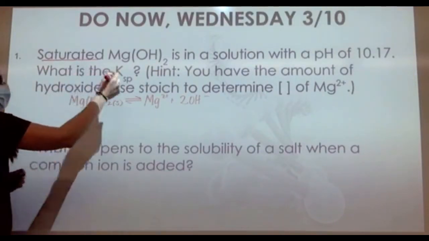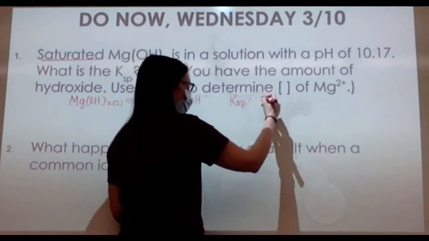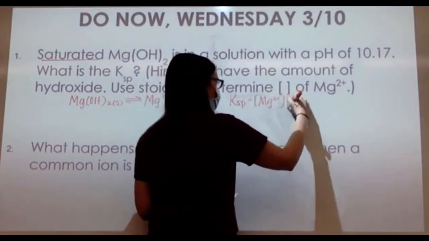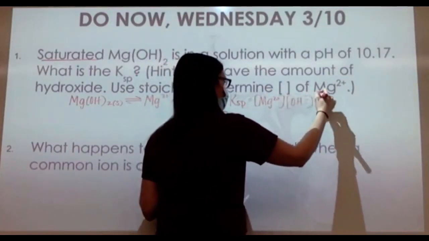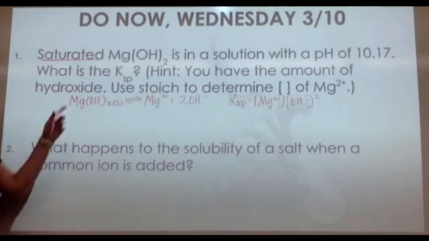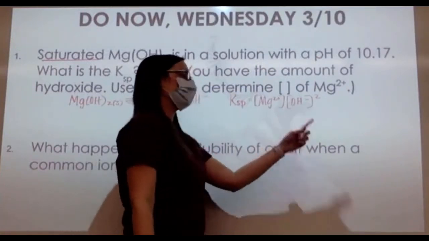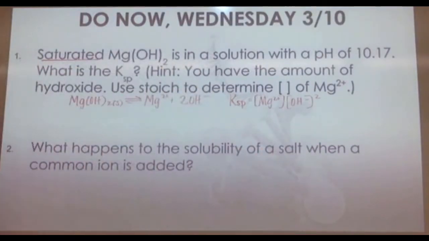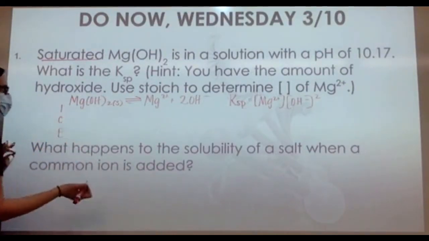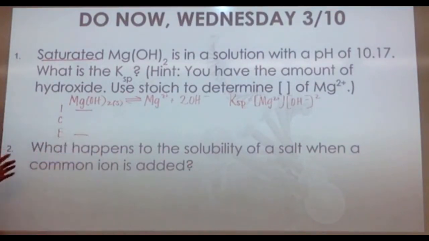So then if it's asking what is the KSP, let's write the KSP expression. You have Mg2+ times OH minus squared. So if we're solving for KSP like the question is asking, we should have numbers to plug in for Mg2+ and OH minus. So let's set up our ice table. Doesn't matter how much solid we have initially or at equilibrium.